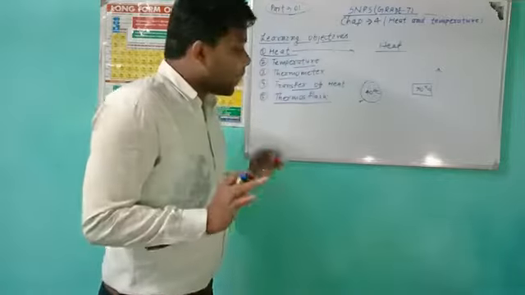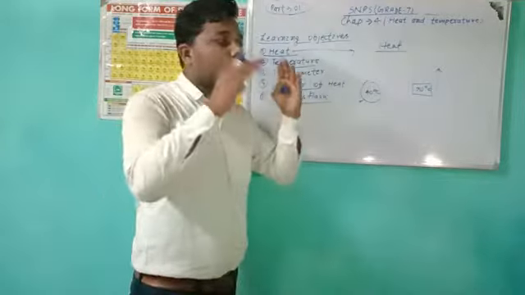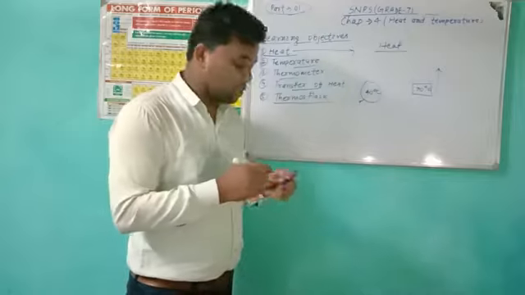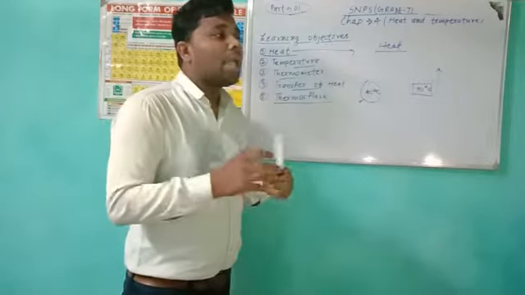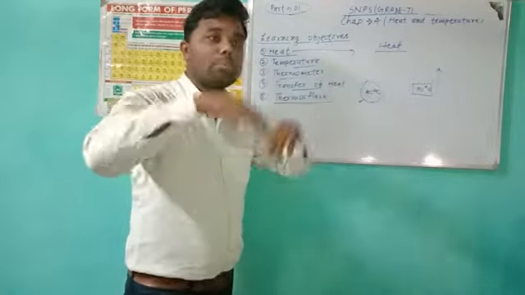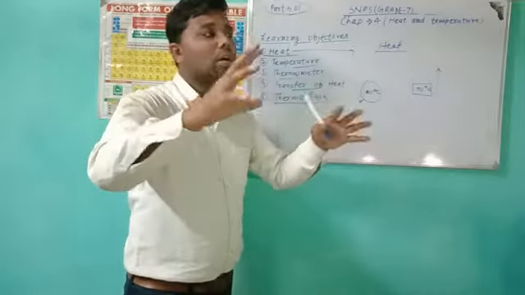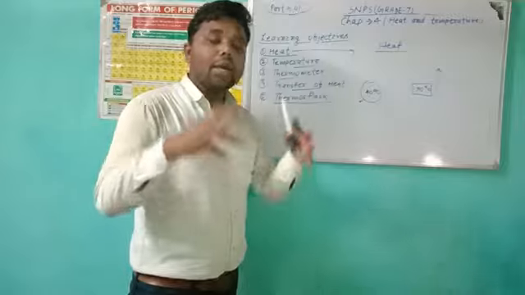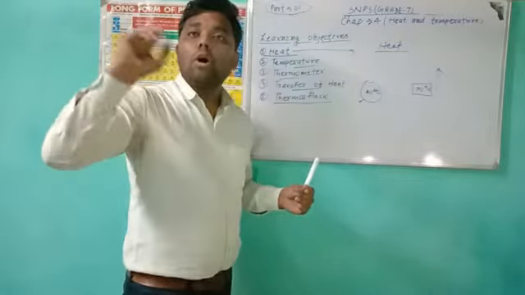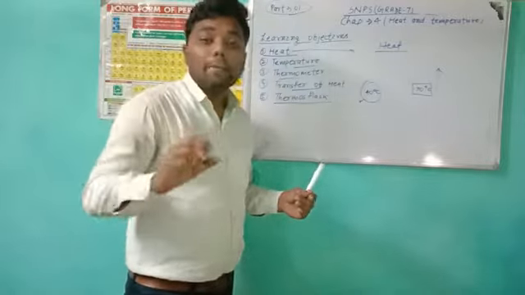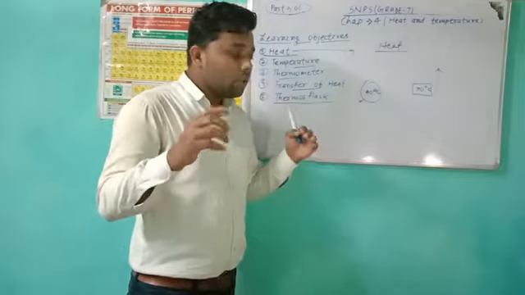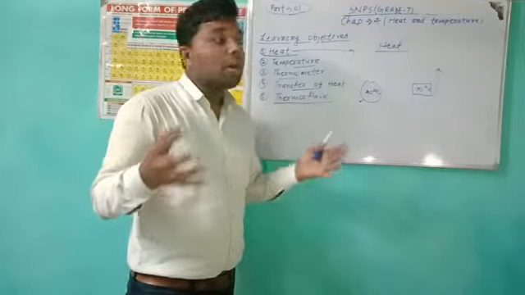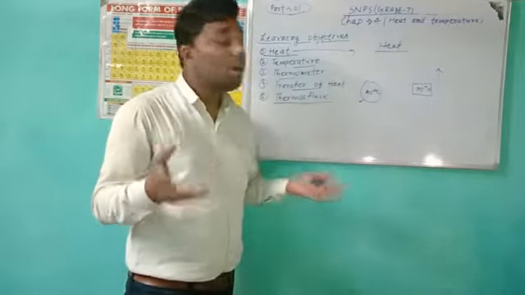Simple. If this is a very hot climate, a summer, and I come from the outside, where the environment is very hot, and when I come in at my home and switch on the fan, after some time I feel cold. How?